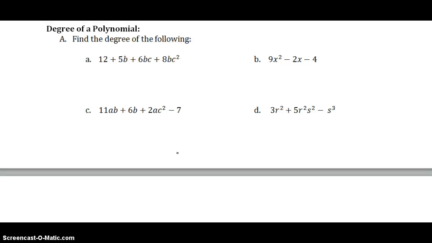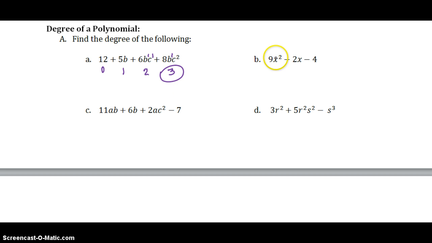So one monomial is the sum of the exponents. So here I have no exponent, so it's 0. Here my exponent is 1. Now for this term I have 2 exponents that are 1, so a total of 2. Here I have 1 and 2, a total of 3. So the degree of this polynomial is 3.